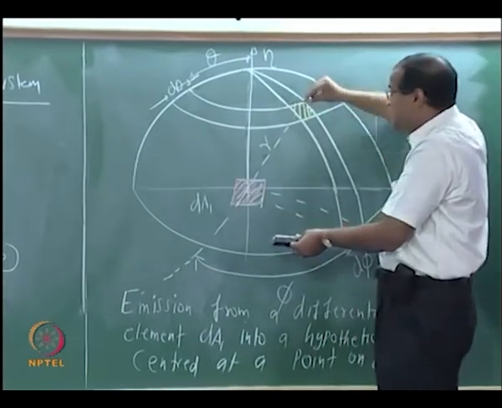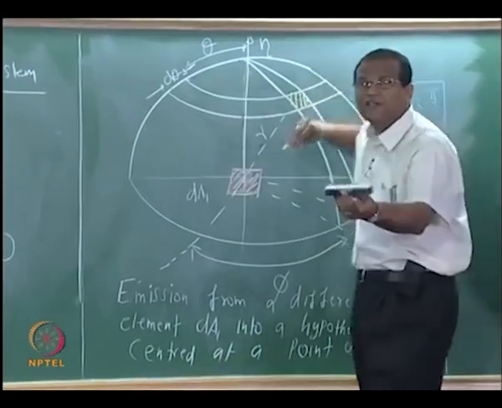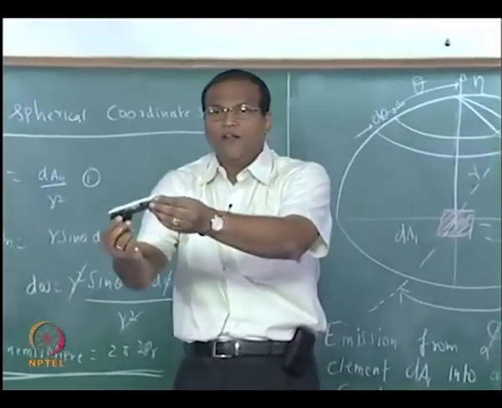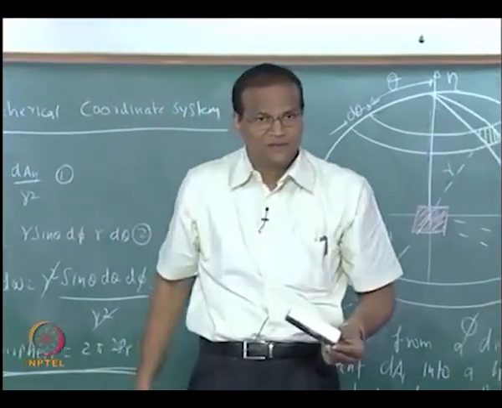Please watch carefully, this is the receiving surface, it does not care about dA1, it always cares about dA cos theta. That is why in a solar collector also, depending on the latitude, if you want to track the sun, you want it to be normal, so that you capture the maximum rays, correct.